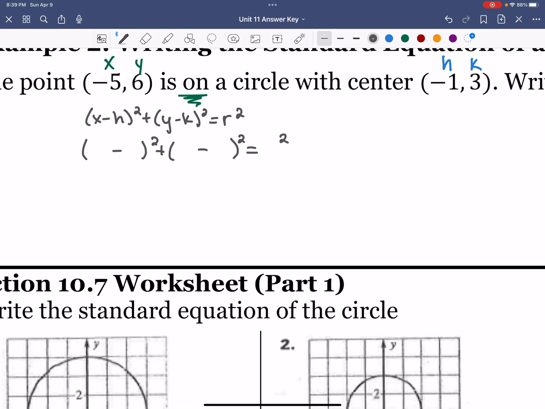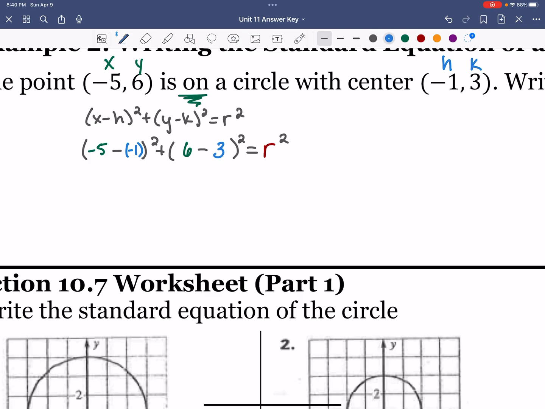We're essentially doing the same thing here, except we're trying to find our radius. So I'm going to say -5 minus h, which is a -1, squared, plus 6 minus k, which is a 3, squared, is going to equal r squared.